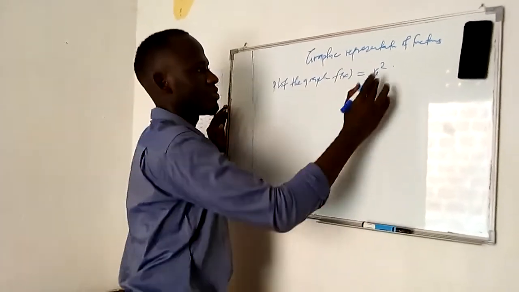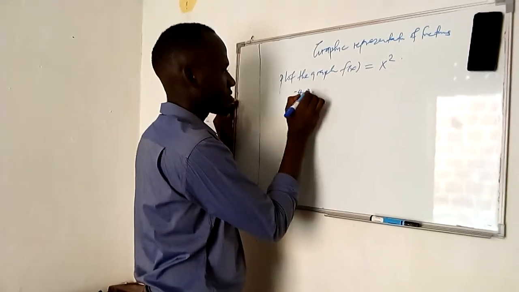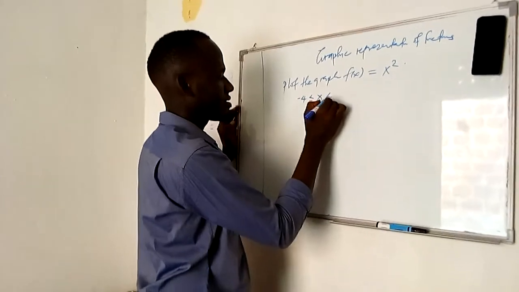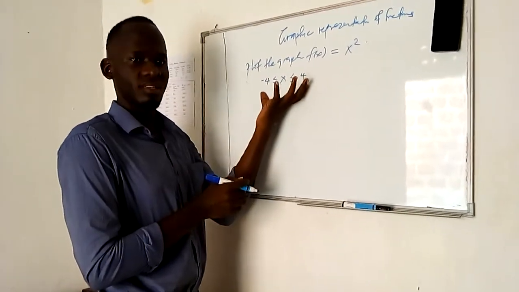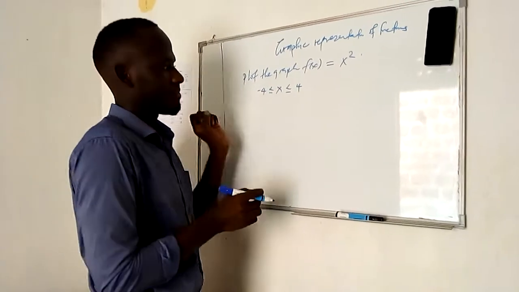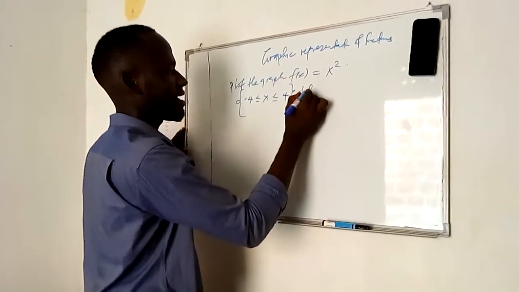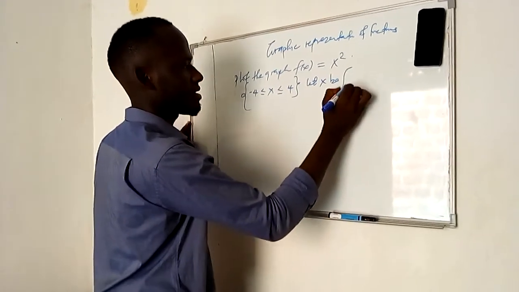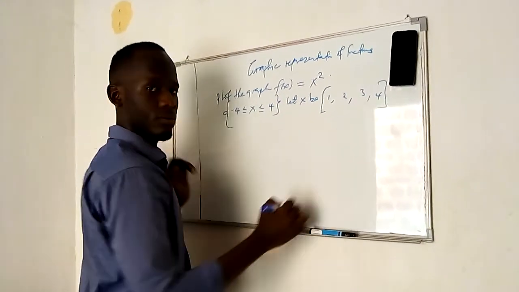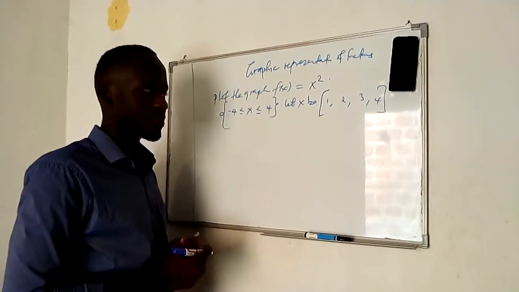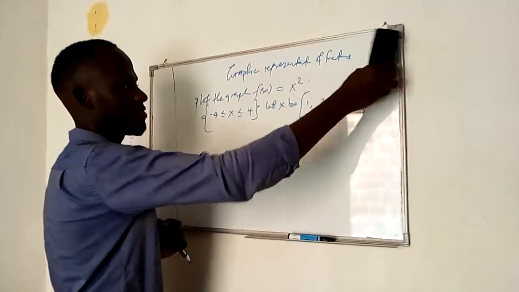For example, they'll say using the range of -4 less or equal to x, or x is less or equal to 4. So you use the range within this. But if you're not given the range, you let x be, for example, 1, 2, 3, 4. You see? So that is how you can tackle the graphic representation of this.